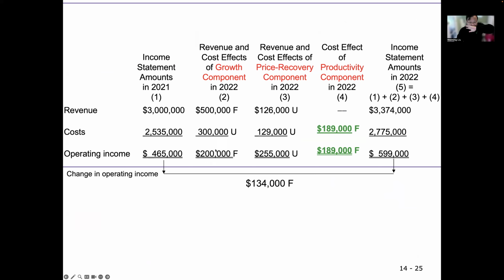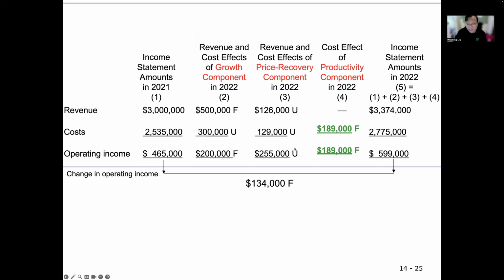So your growth component has a $200,000 favorable variance. So that growth is good, right? Your productivity component tells me that your productivity is good because you have a 189,000 favorable cost saving. Your price recovery component is not so good because you have a $250,000 unfavorable difference.